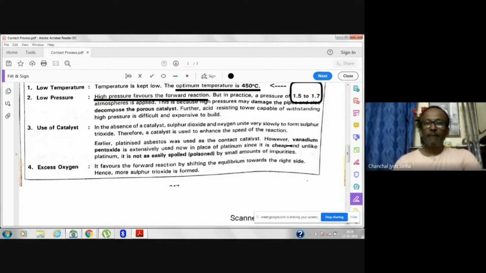Nowadays, vanadium pentoxide is extensively used in place of platinum because it is cheap, and unlike platinum, it is not easily poisoned by small amounts of impurities. That means platinum catalyst is susceptible to be poisoned in presence of impurities in the gas. So we prefer vanadium pentoxide catalyst.